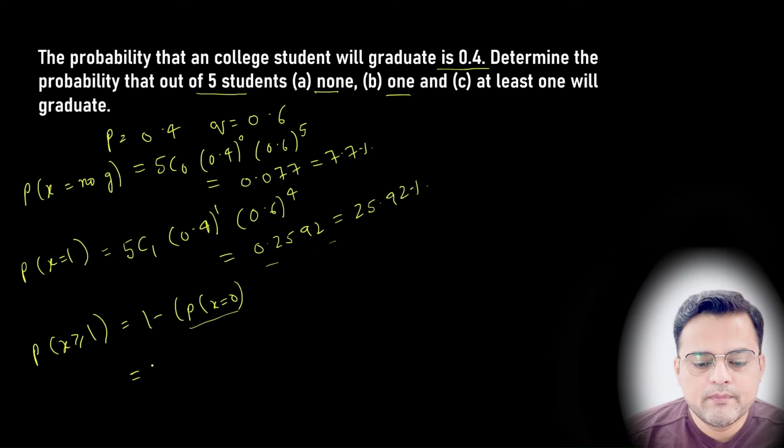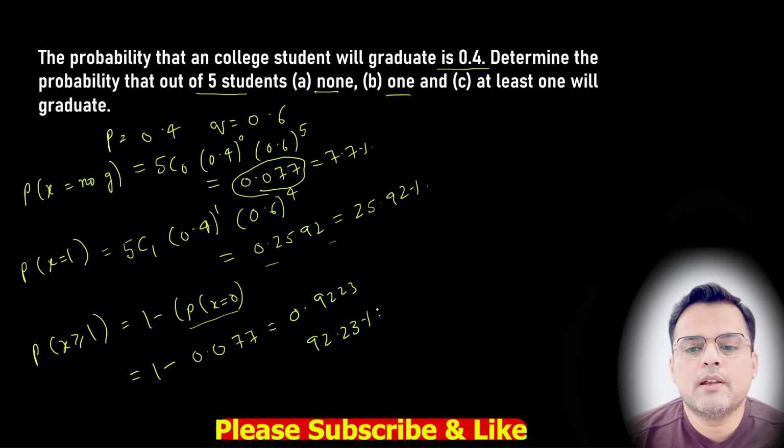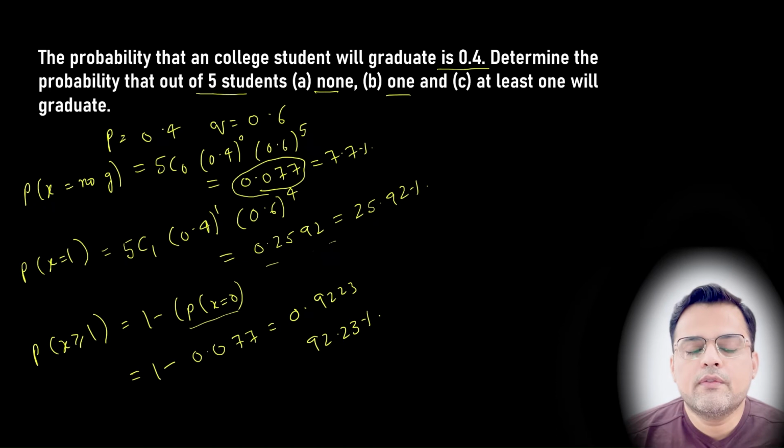So this will be 1 minus 0.077, which is 0.9223. So there is a 92.23% probability that at least one student will graduate if 5 students are selected at random.